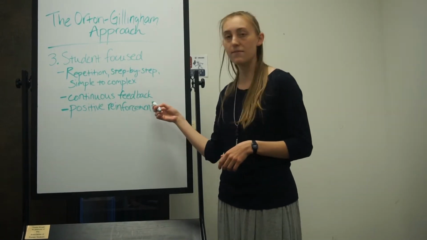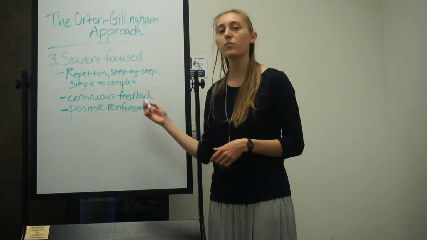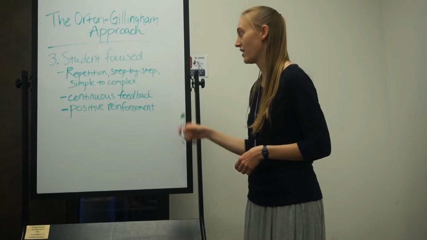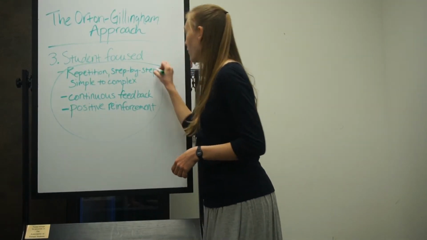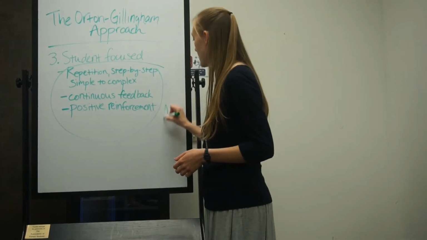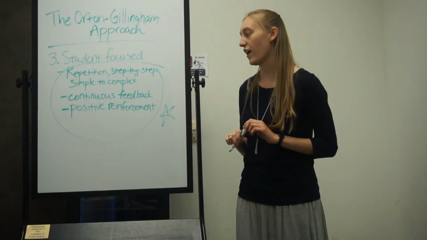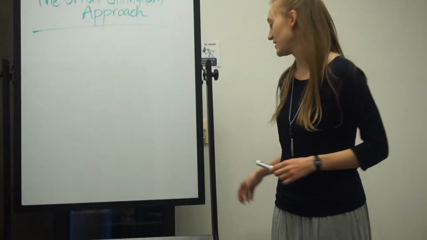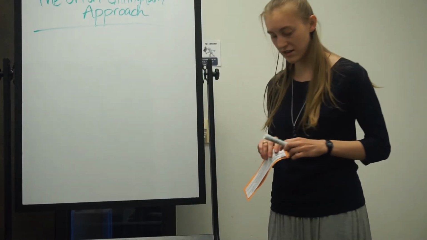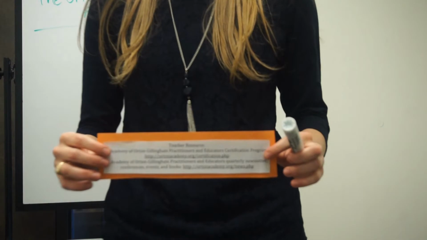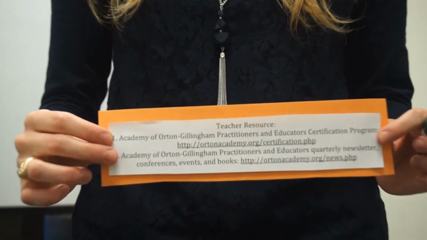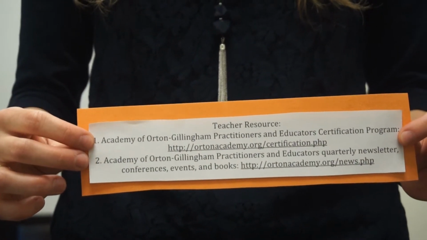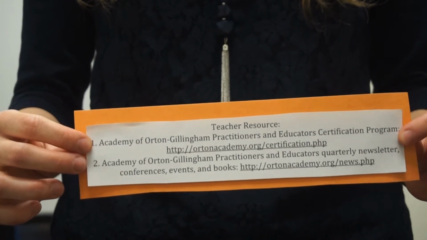There's continuous feedback from the teacher, and then there's positive reinforcement throughout the lesson. And all of these things are really important because they lead to student confidence and they help build that relationship between the teacher and the student. If any teachers are interested in more information about the Orton-Gillingham approach, they can access the Orton-Gillingham website for certification or for news and events.